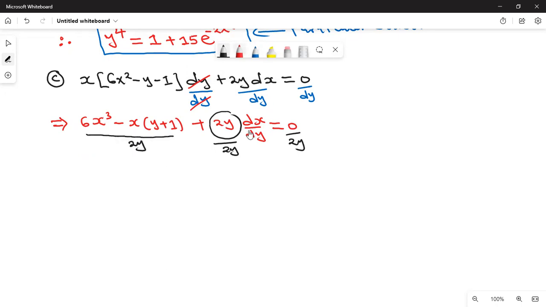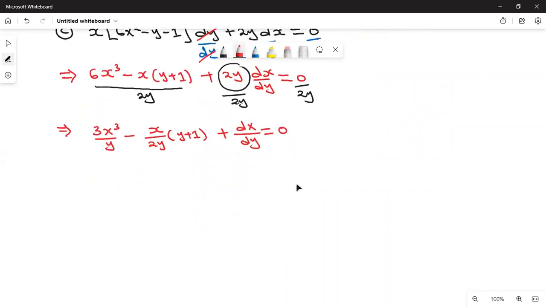So that we can write this as 3x cubed over y minus x over 2y times y plus 1 plus dx over dy is equal to 0.